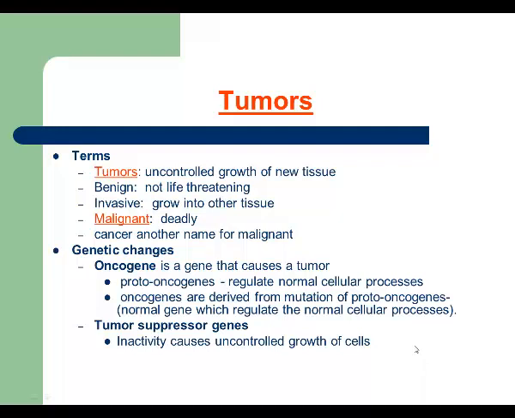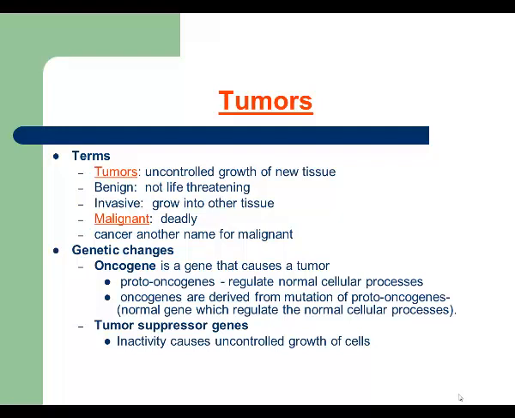A second type of genetic change that can also result in formation of a tumor is loss or destruction of a tumor suppressor gene. Tumor suppressor genes work as tumor suppressors or growth suppressors.